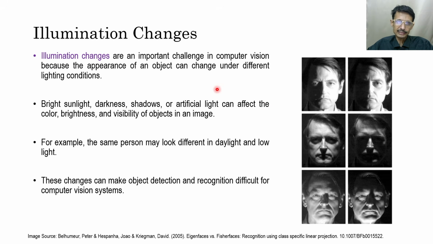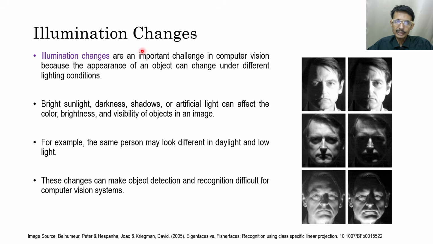Next is illumination change. As you see in the figure, this is more or less the same figure, but with different lighting conditions. This one has very little light, this one is more or less okay, and this one has light at a different angle.